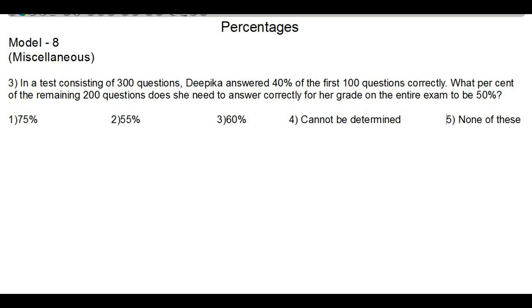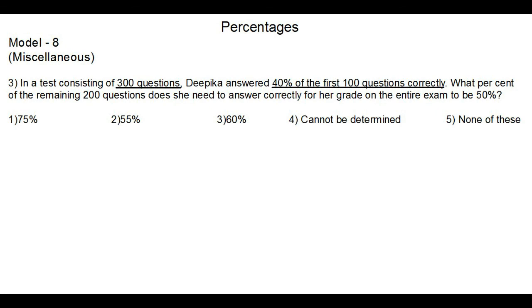As you can see, the total number of questions in the test is 300, and Deepika has answered 40% of the first 100 questions correctly. That means in the overall exam, she has to answer 50% of the questions correctly.